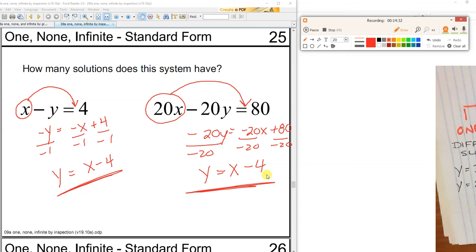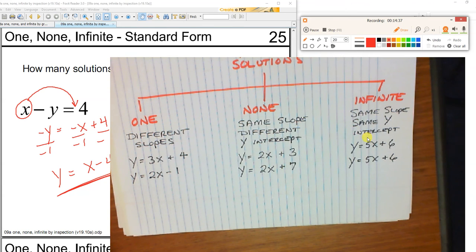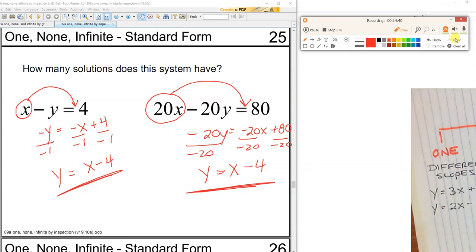This is the exact same line, which means it's infinite solutions. It's the exact same line.